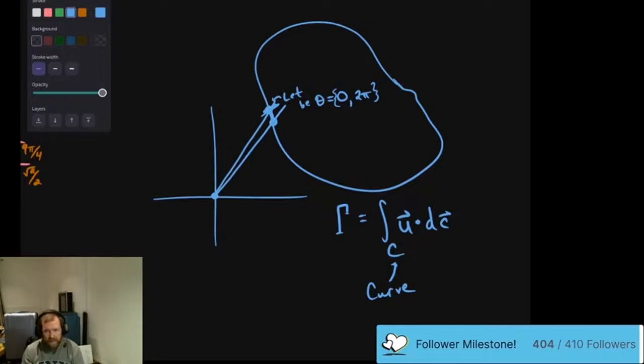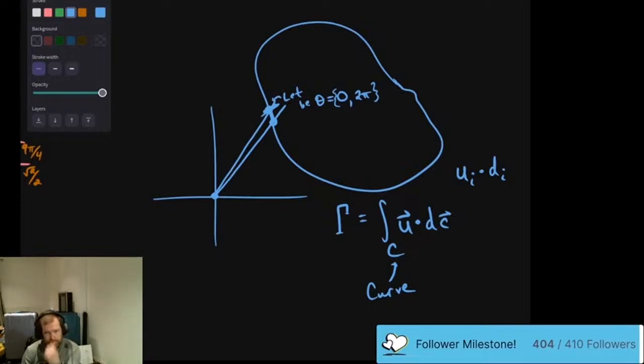Now I think the way that this works is your u sub i is being multiplied by the distance along the curve. Yeah, dot product.